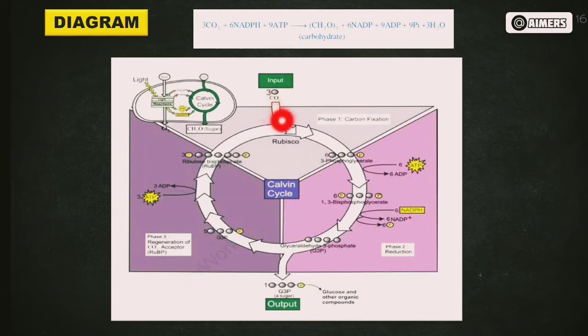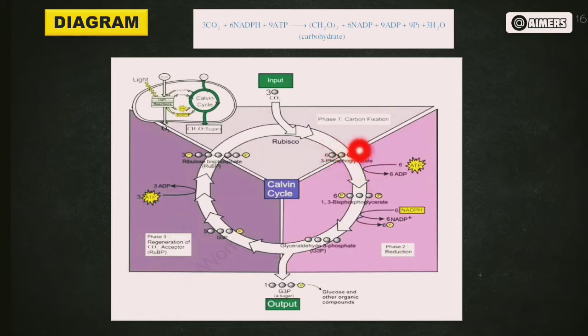Now you can see here that input is 3 carbon dioxide. 3 carbon dioxide molecules add with the 3 molecules of 1,5-ribulose bisphosphate in the presence of Rubisco to make firstly an unstable 6 carbon compound, and then that 6 carbon compound breaks into 6 molecules of 3-phosphoglyceric acid or 3-phosphoglycerate.